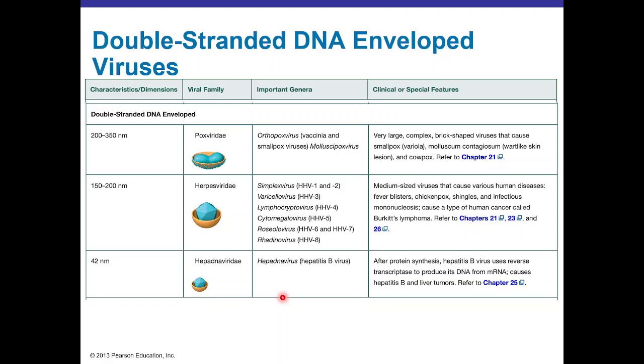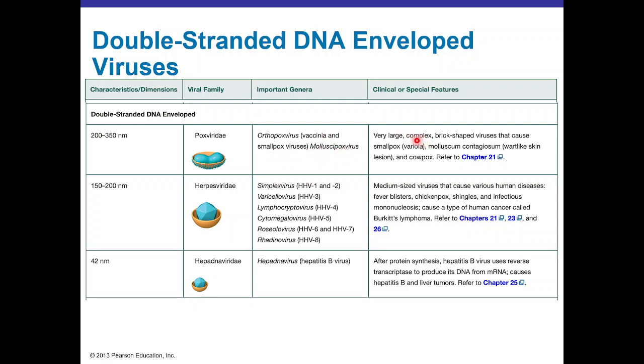Double-stranded DNA enveloped viruses. So these are a little bit larger than the previous ones, like poxvirus. They measure between 200 to 350 nanometers. And we have important members of the orthopoxvirus genus like vaccinia virus and smallpox or molluscum poxvirus.